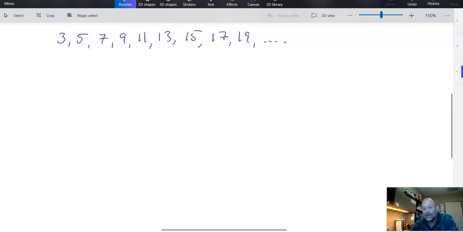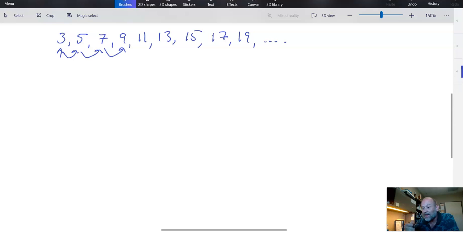Now, looking at this, you could probably write down the next few terms of the sequence, right? You can look at that and go 19, 21, 23, 25. You can probably see the rest of it, and it's because this follows a very specific pattern. The first term is the first term, but what makes this arithmetic particularly are the differences between terms. And literally, I mean difference mathematically, not just the things that aren't the same.